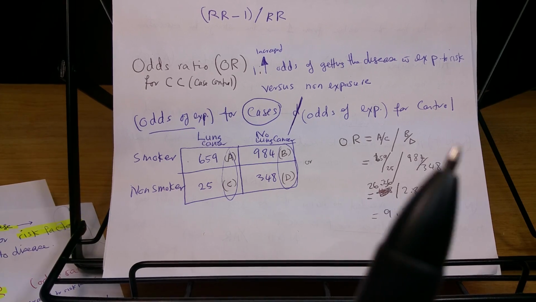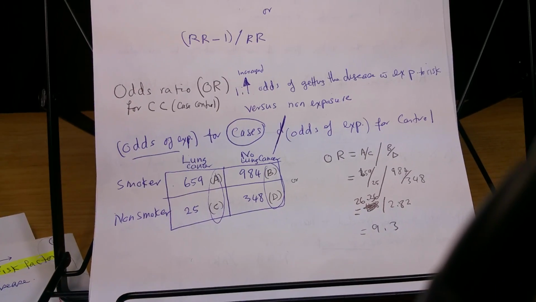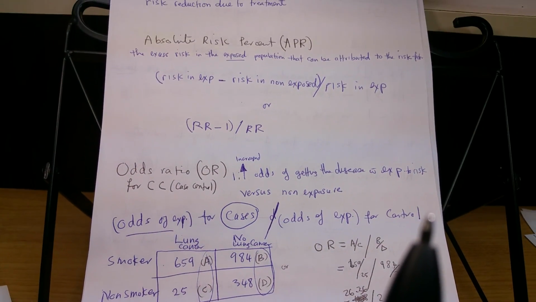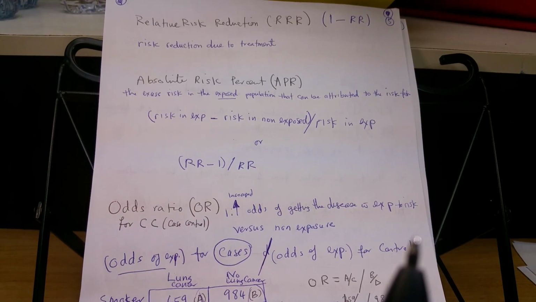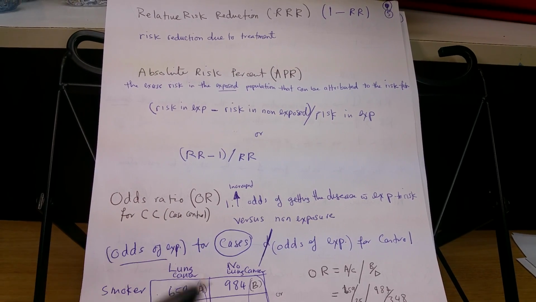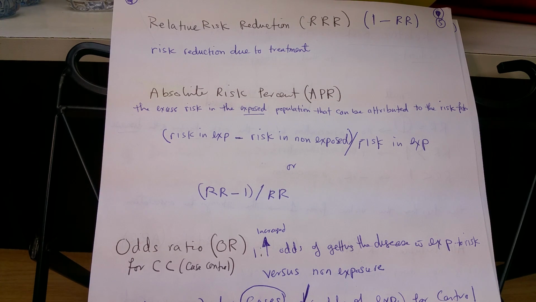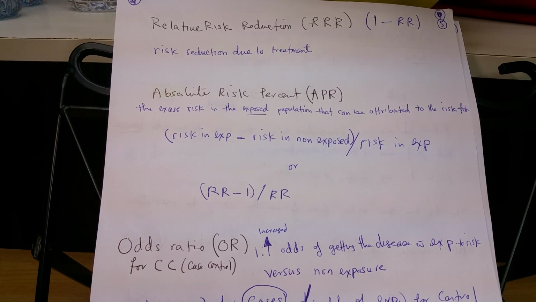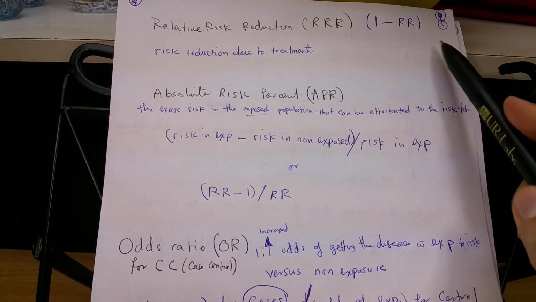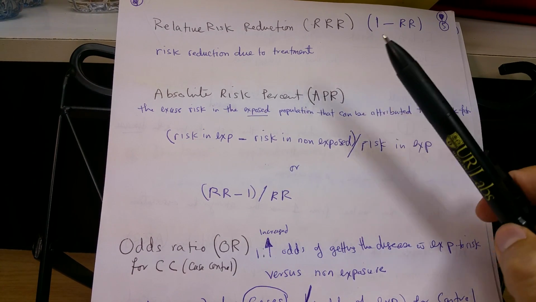Relative risk reduction, RRR, is the risk reduction due to treatment. The equation is 1 minus relative risk.